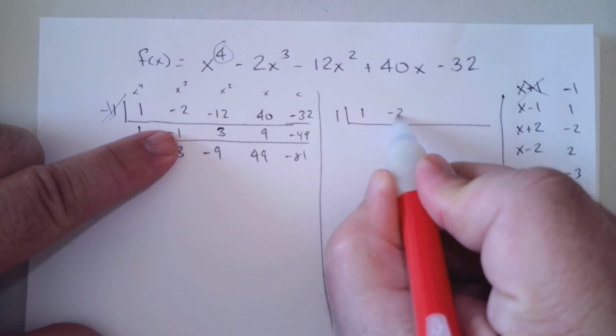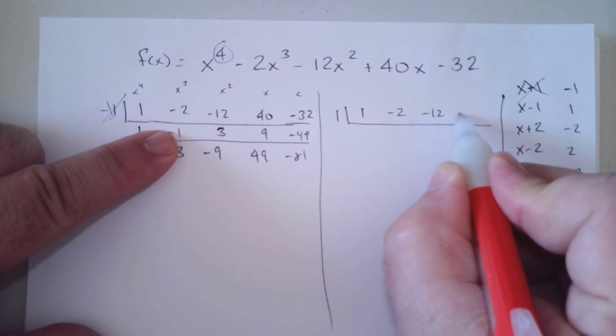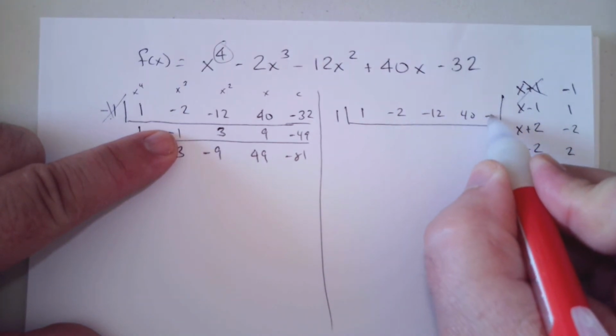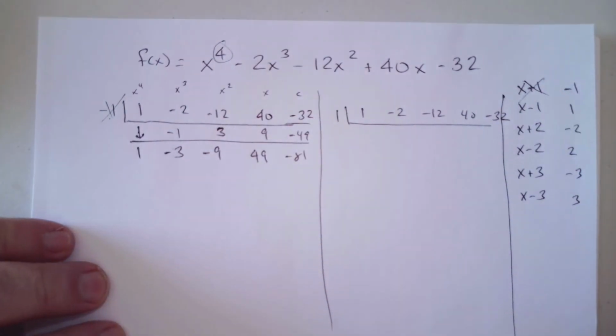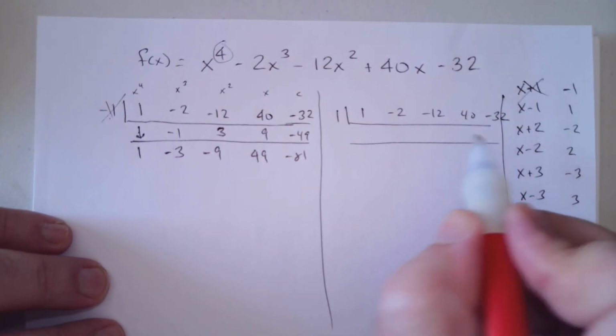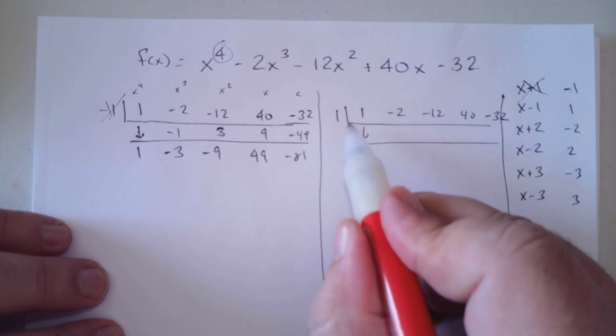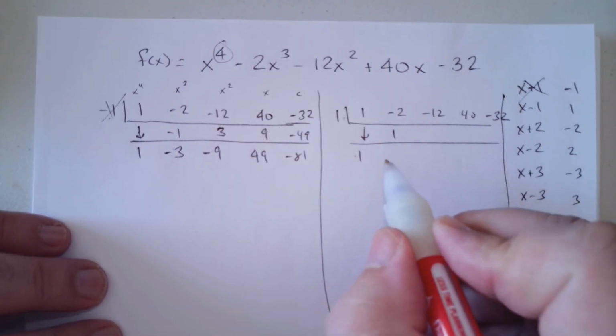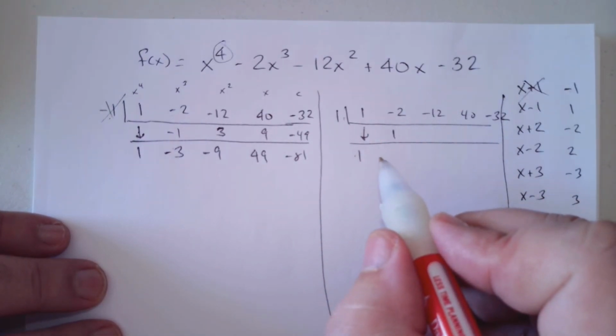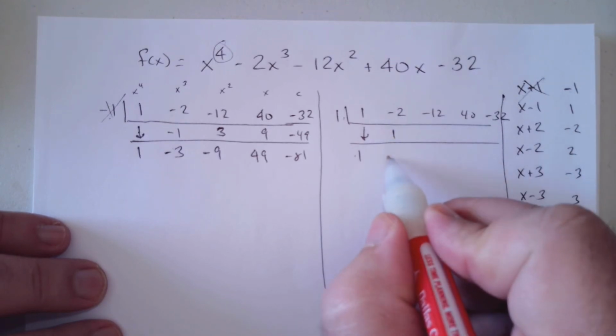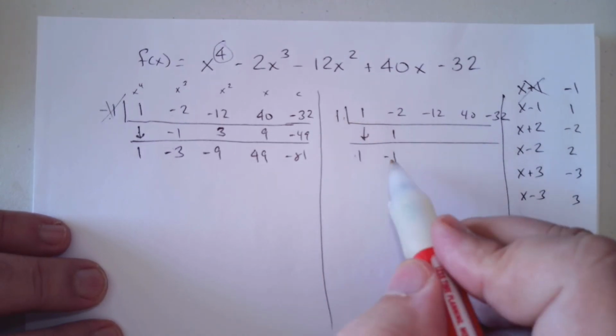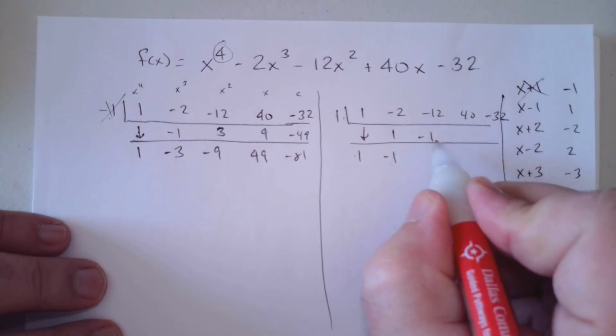1, negative 2, negative 12, 40, negative 32. 1 times 1 is 1. Negative 2 plus 1 is negative 1. 1 times negative 1 is negative 1.